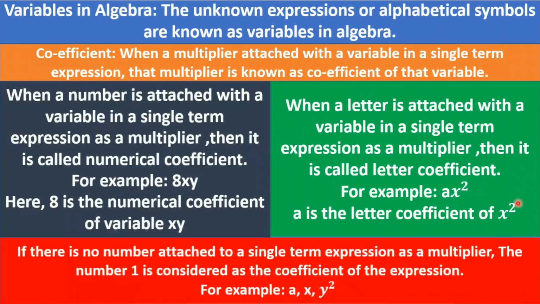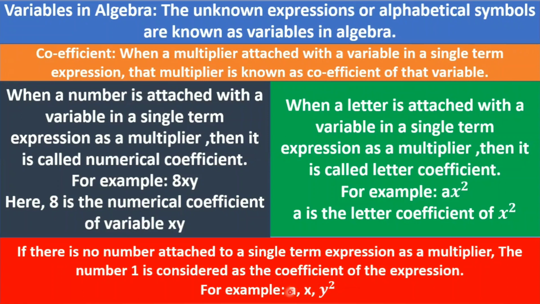And see, there is one more thing. If there is no number attached to a single term expression as a multiplier, the number 1 is considered as the coefficient of the expression. See here, I have written for example, a, x and y square. In a, x and y square, in all the cases, there is no multiplier, isn't it?